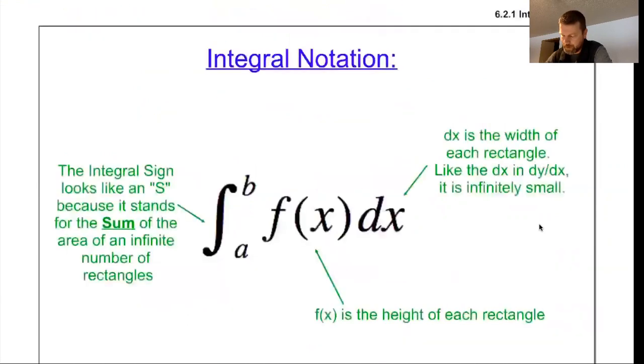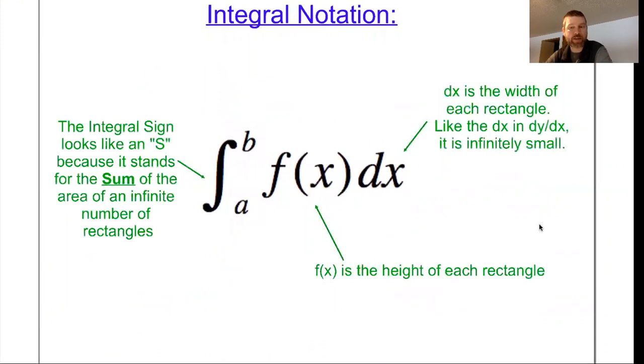All right. A couple things about where this comes from. As we had mentioned, it is the sum of an infinite number of rectangles. That's why this integral notation looks like a stylized S. It's because it literally stands for the sum of a bunch of rectangles. How do you find the area of a rectangle?